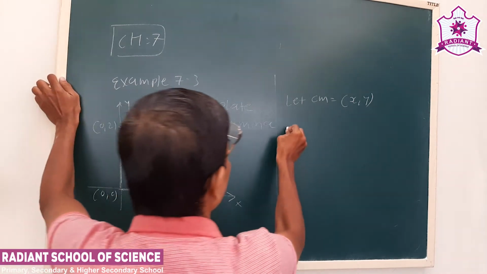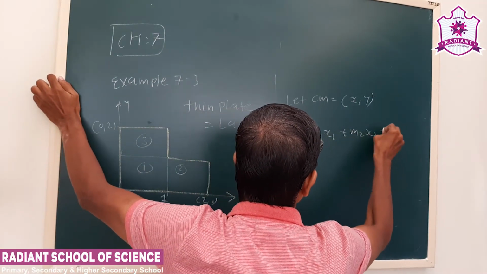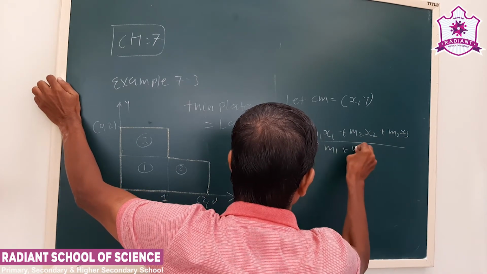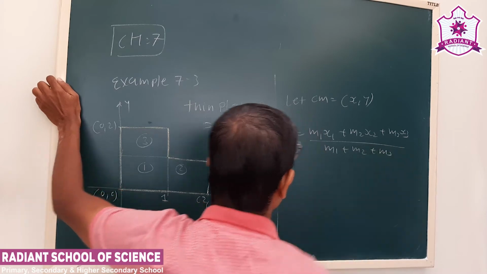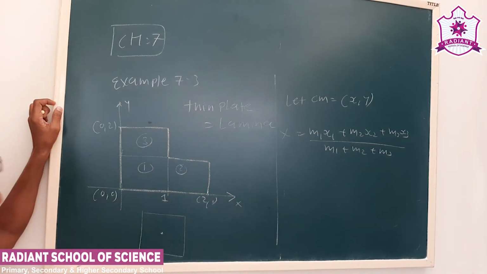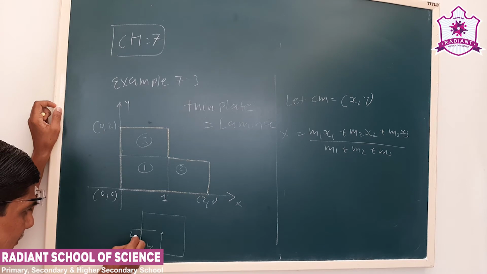So x will be m1 x1 plus m2 x2 plus m3 x3 upon m1 plus m2 plus m3. Now see, for a square plate lamina, the center of mass will be at a distance of L by 2, and the y coordinate also will be L by 2.